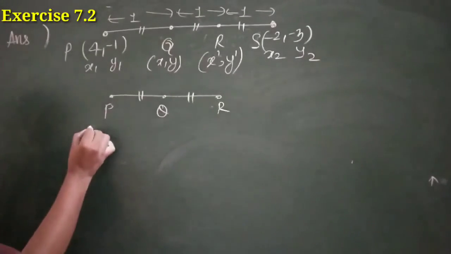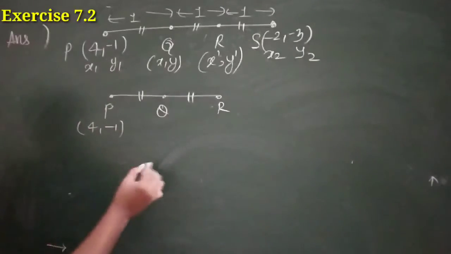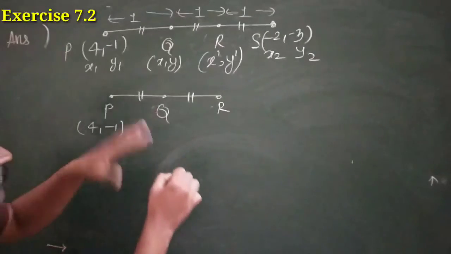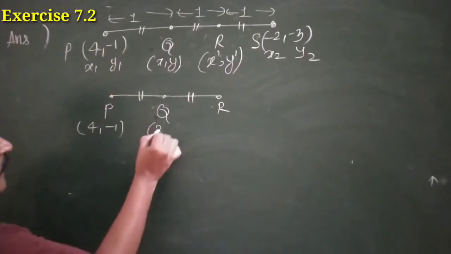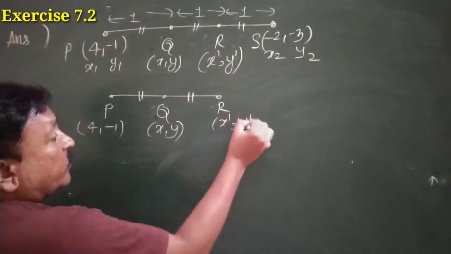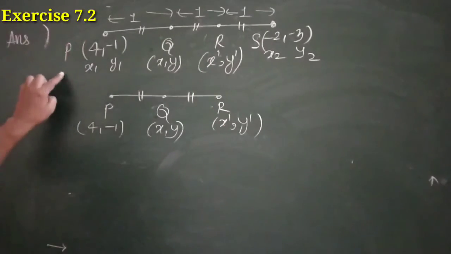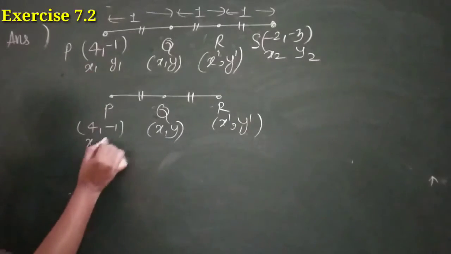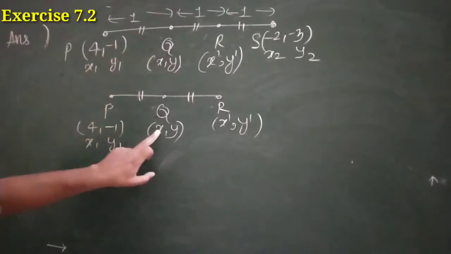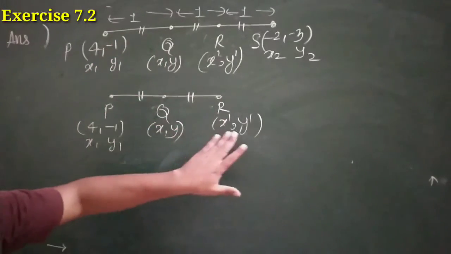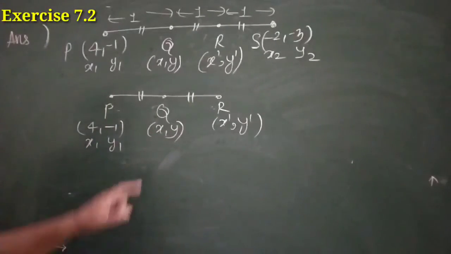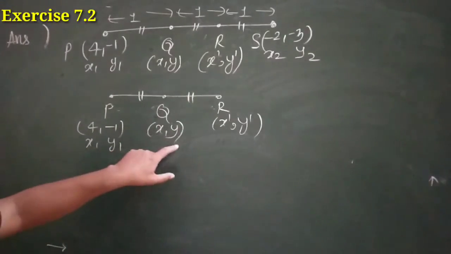The coordinates of P are 4 comma minus 1, not Q, sorry, R. What I am saying is this is Q, it is x comma y, and this is R, it is x dash y dash. This is P, 4 comma minus 1, and we have denoted it x1 y1. This is Q x comma y, and this is R x dash y dash, and for PR, Q is the midpoint.